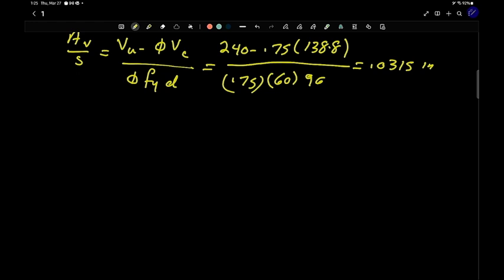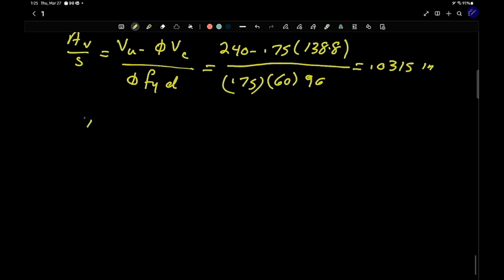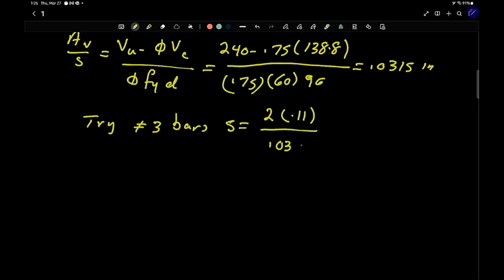Based on that, let's try number 3 bars. And s is equal to 2, because it's a 2 layer, times 0.11, that's the area of the number 3 bar, inch squared, divided by 0.0315, and that will give us 6.98 inch.